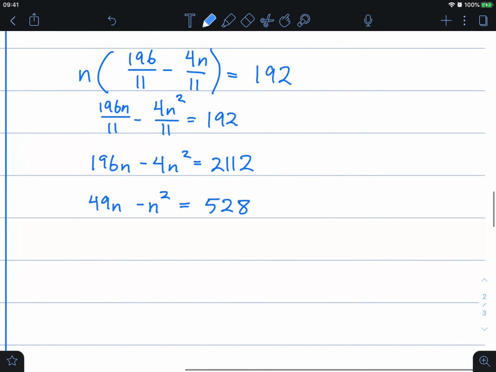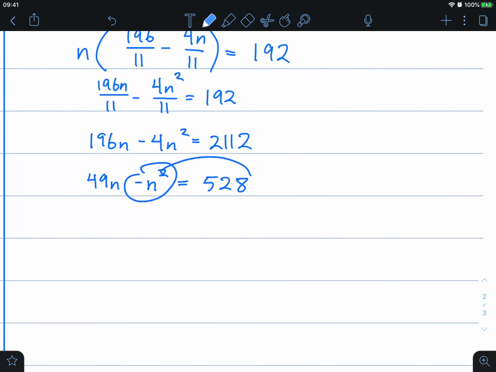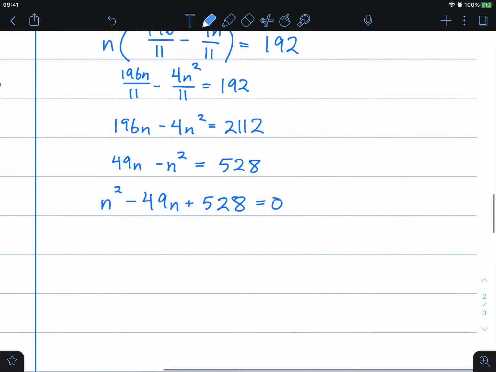Rearranging this, we'll move n squared to this side. Actually, let's move everything to this side. It becomes positive n squared, negative 49n, plus, because the 528 is on the same side, plus 528 is all equal to 0.